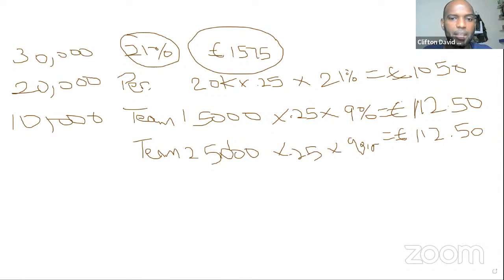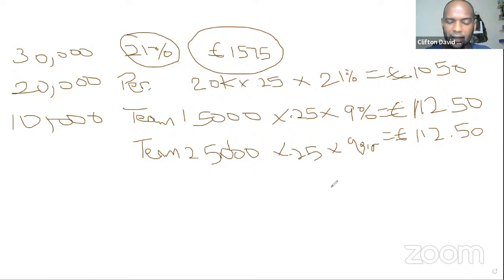So how much are they going to pay Derek in these 2 cases here? Somebody tell me. Derek is at 21%. His team is at 9%. What percentage will they pay Derek if they are paying him the difference between his level and his team's level?